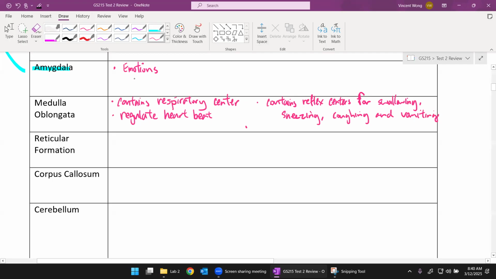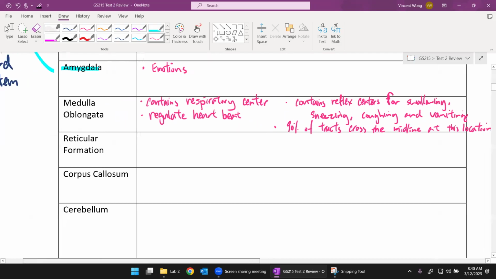In addition, in the medulla oblongata, 90% of tracts cross the midline at this location. Just random stuff that comes to my mind. This is part of the brainstem.